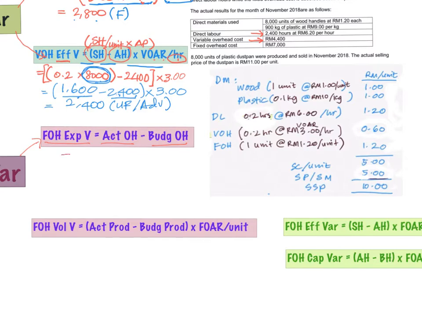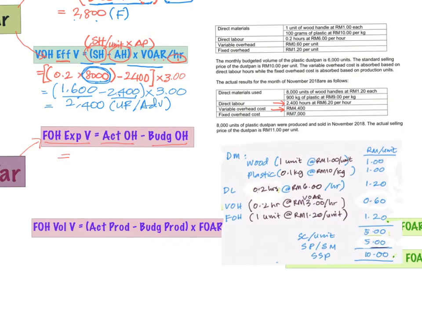So you can see that from the question, we will find the actual fixed overhead, which is here. This is the information that we are looking for. And then we are going to write it here, 7,000 minus the budgeted fixed overhead. So to calculate the budgeted fixed overhead, you need to do some calculation. Given to you here is 1 ringgit and 20 cent per unit at 6,000 units, which have been budgeted.